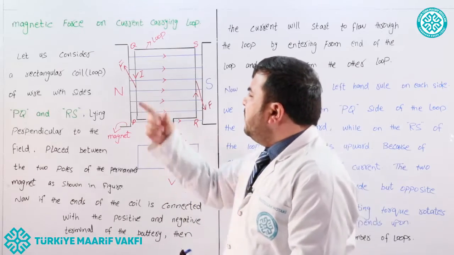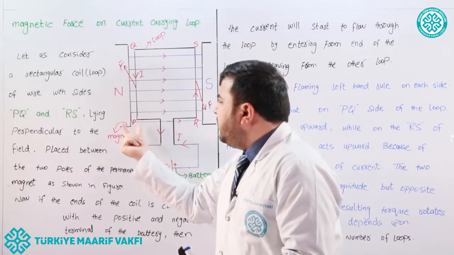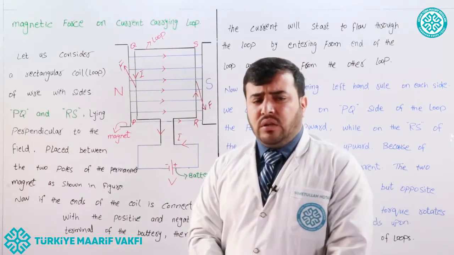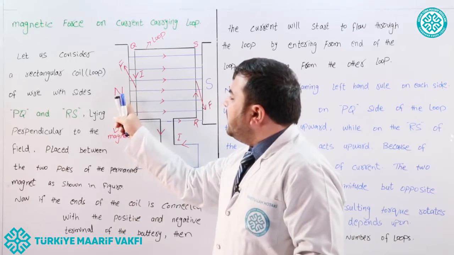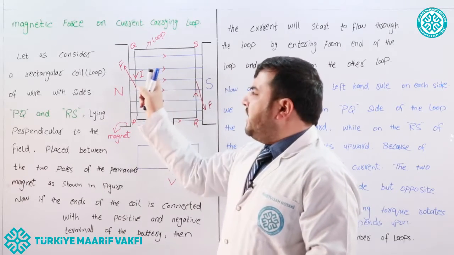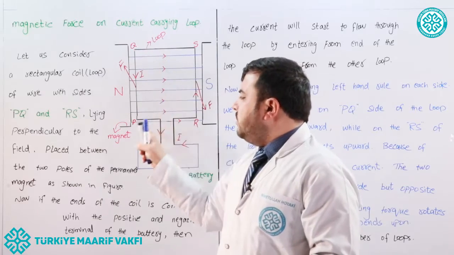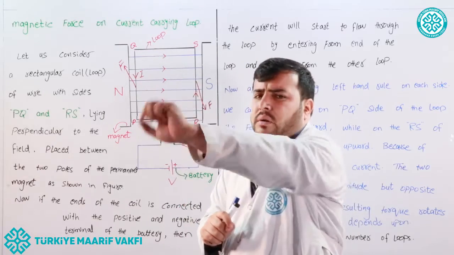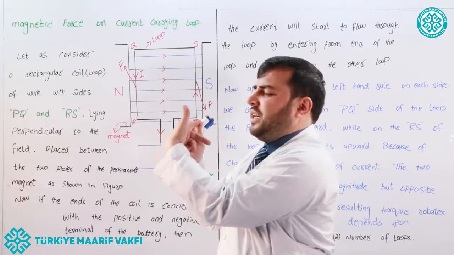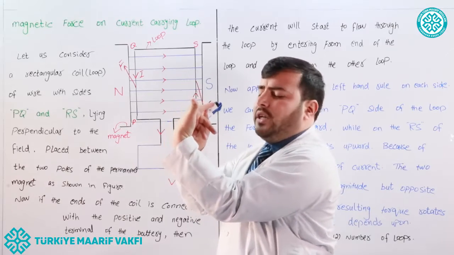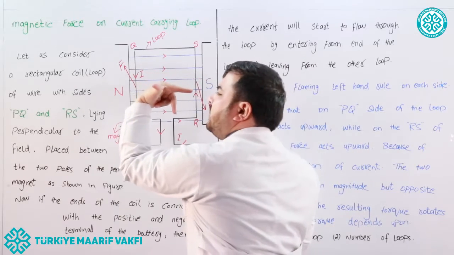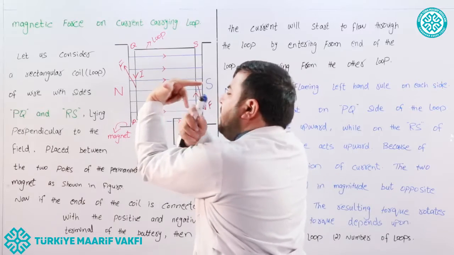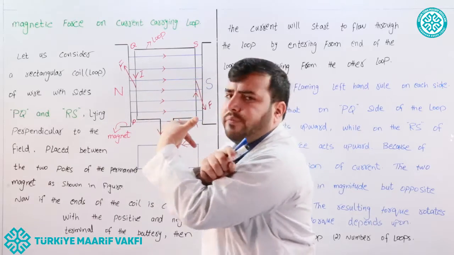And now we will come to the PQ side of the loop. Here the magnetic field lines are from north to south and the current is flowing from up to downward. So place your forefinger in the direction of the field, the middle finger in the direction of the current. Like here the force will be acting upward.